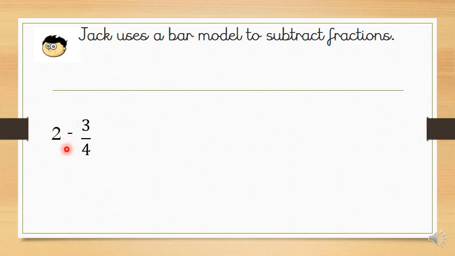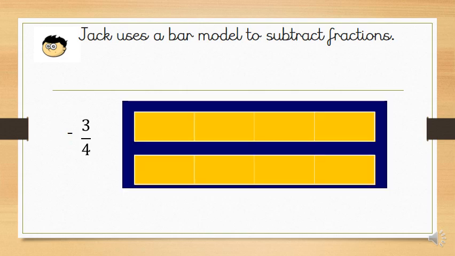So now what we've got to do is turn 2 into a fraction. So you've got to imagine in your head you've got 2 whole chocolate bars, and you've split both your chocolate bars into 4. Okay? So how many parts do you have?